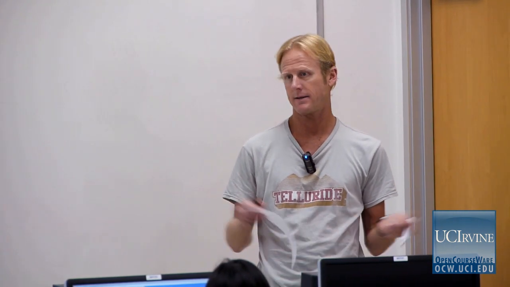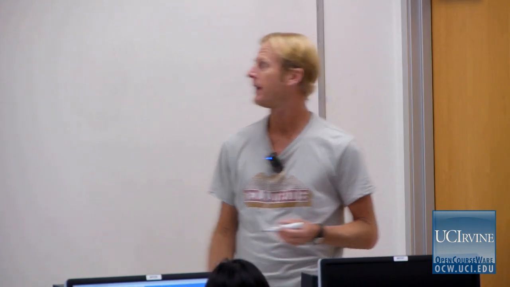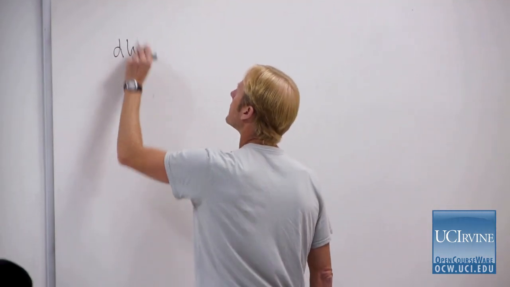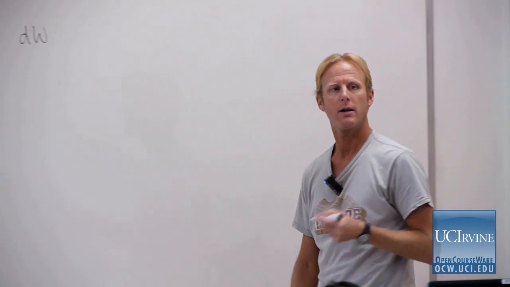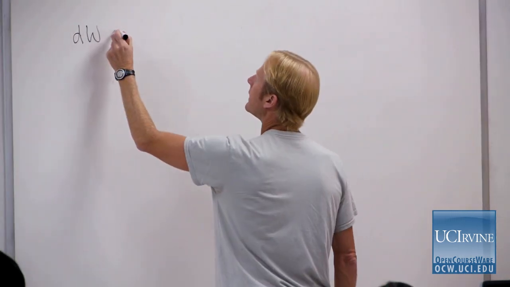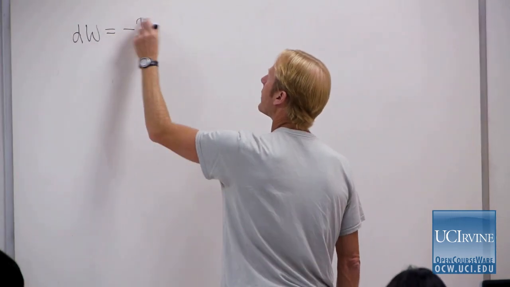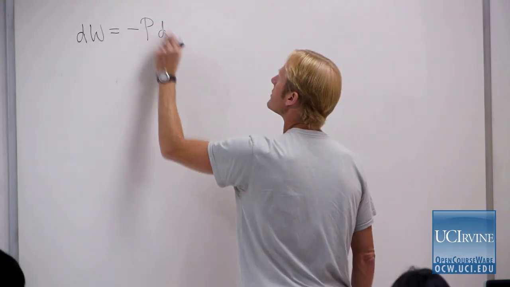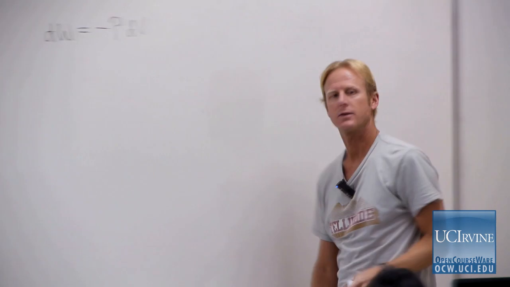So this is the work associated with expanding or compressing a gas, say in a cylinder. Okay? And the way that's defined is dW, so some small amount of work, is equal to minus the pressure on the piston times a small change in volume. Okay, so this is what's called mechanical work, or PV work, for an infinitesimal volume change.